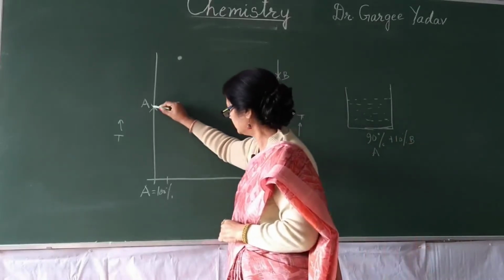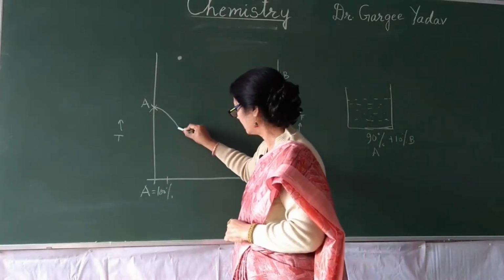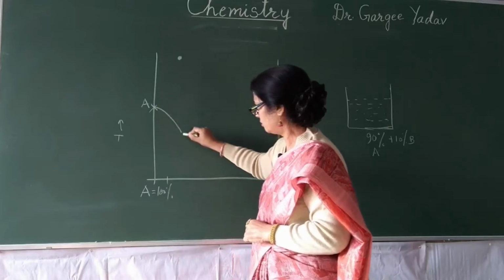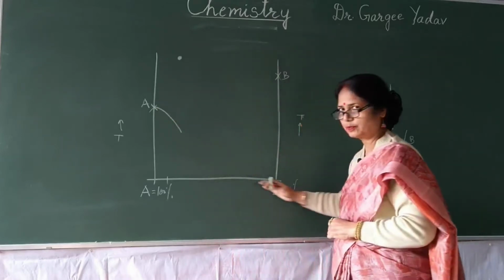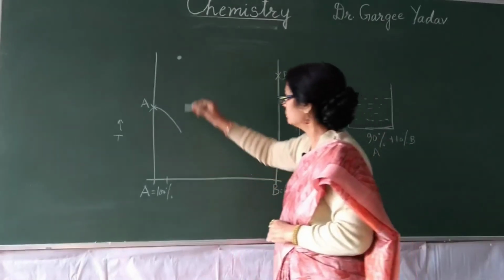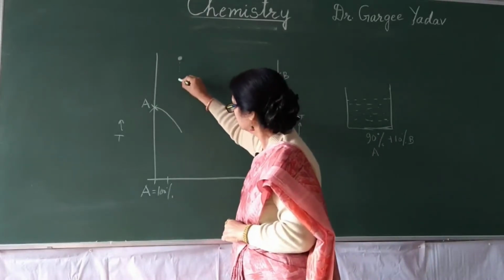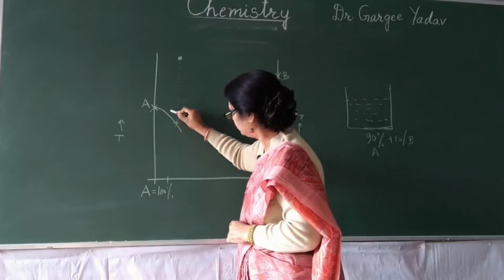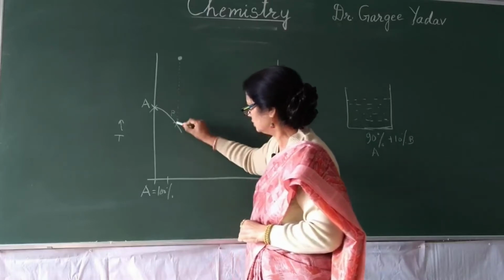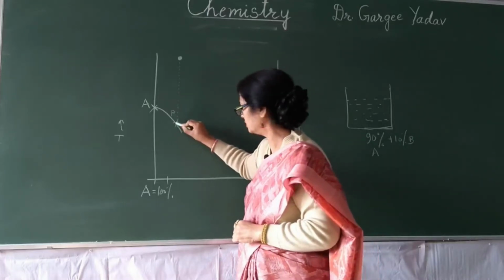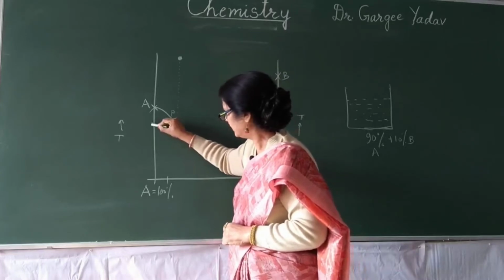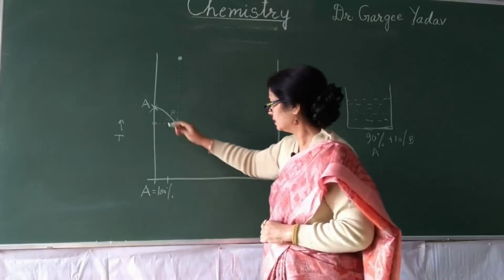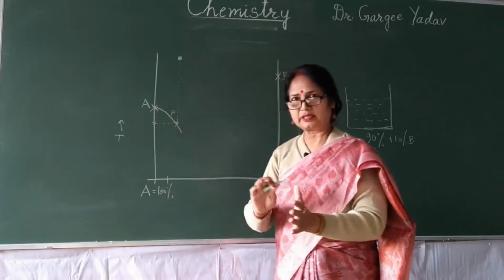Then what will happen? Suppose this is the freezing point curve of A, to which different proportions of B are related. It will cool to this point, let it be P. When it is cooled to this temperature, A will start separating out.